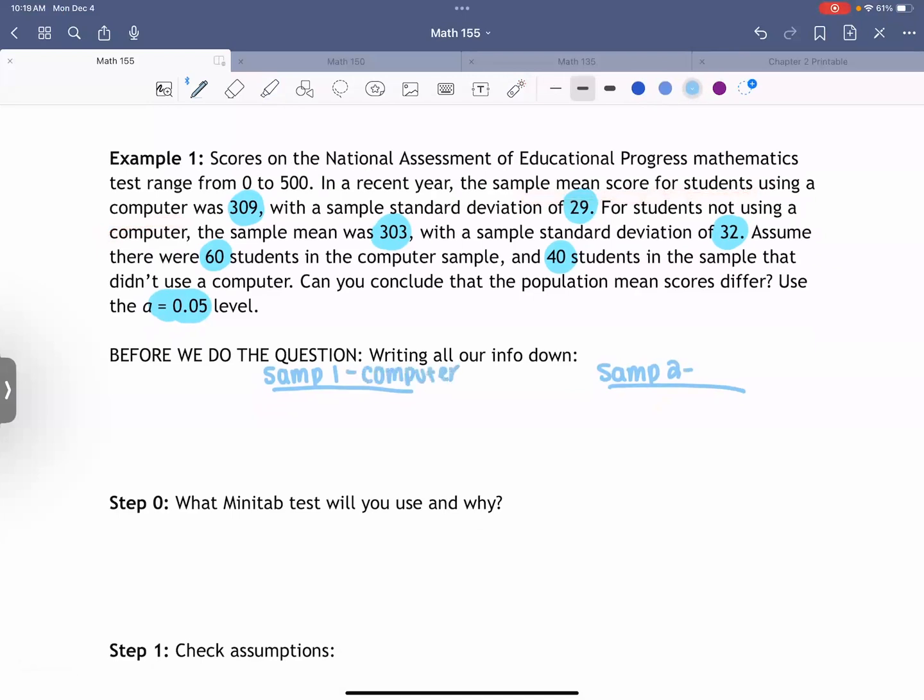And then no computer being sample 2. Now, for each of these samples, we're going to have a sample size, N1, a sample mean, X bar 1, and a sample standard deviation, S1. Same thing for sample 2, except we have 2's, right? N2, X bar 2, and S2, okay? Can someone tell me what my first sample size is?